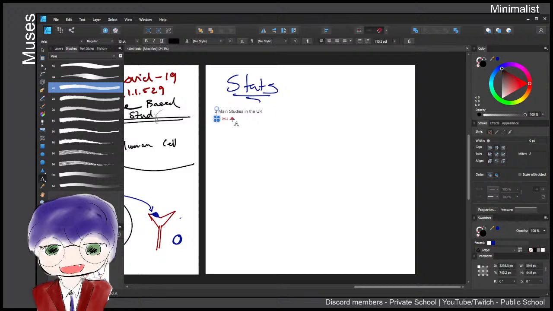Excellent. 1, Scotland. I only remember 2 studies from the UK now. Oh, no. Okay, 1 from Scotland. That says, what was it, 40? No, I need to look this up.